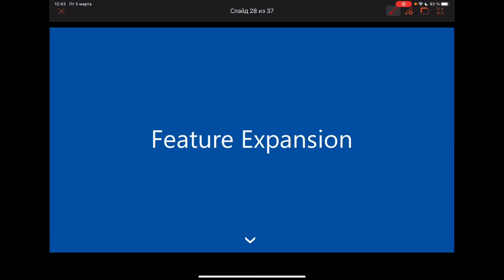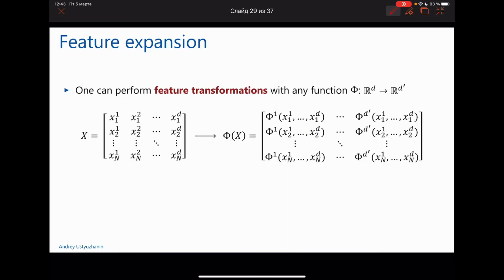One important note about the applicability of regression: as we saw in the example at the beginning of this episode, if you add more complicated features, you can solve much more complicated problems.